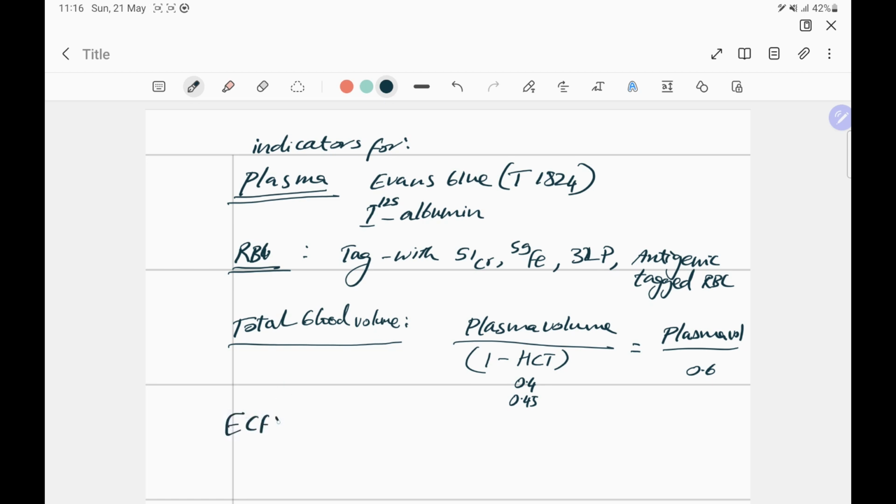ECF requires a substance to be injected which is going to stay in the ECF. So inulin, not insulin, inulin. This is a polymer of sugars. It's around 5,000 atomic mass units, and this is one of the most accurate indicators for ECF. We actually extract this from the Jerusalem artichoke.